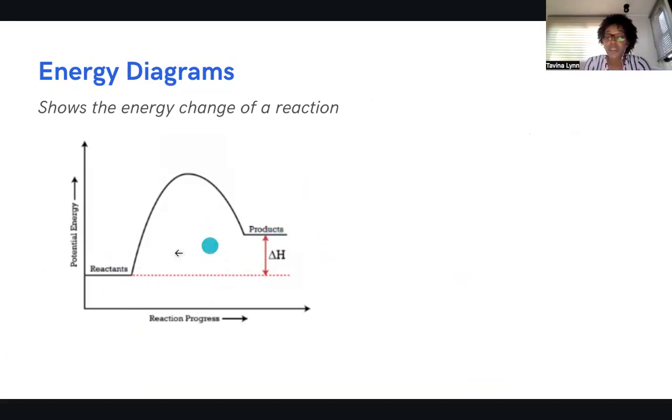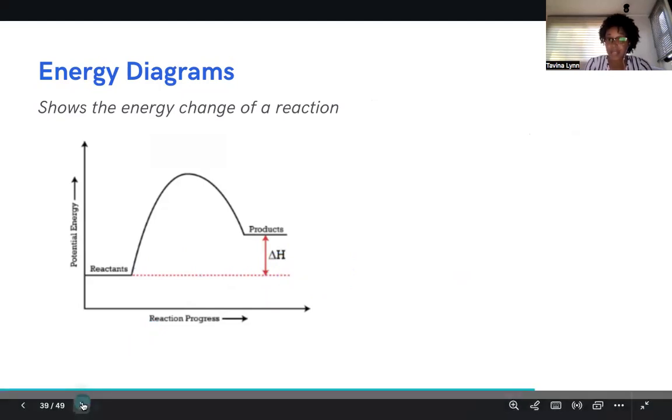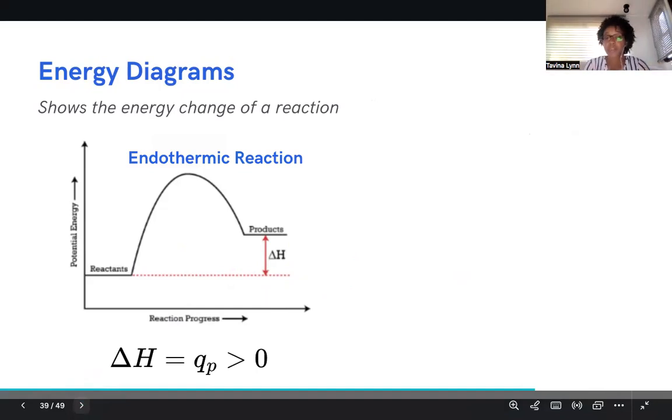This energetic difference between products and reactants gives us the change in enthalpy of our reaction, delta H. If our change in energy is the energy of products minus that of the reactants, our delta H in this case is positive. And remember, if our delta H is greater than 0, it is an endothermic reaction.